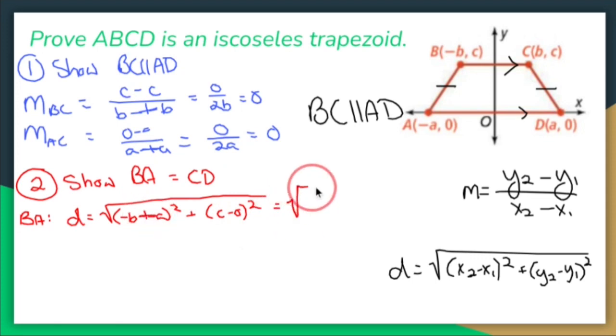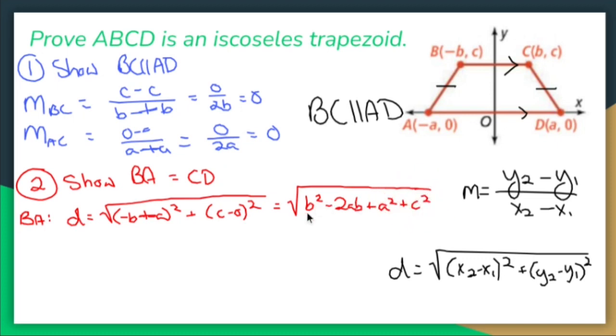Now, since space is an issue and time is money, I'm going to use the idea of perfect square trinomials for this one, and I'm going to make sure I understand that this becomes b squared minus 2ab plus a squared, and the other part is c minus 0, which is just c, so plus c squared.